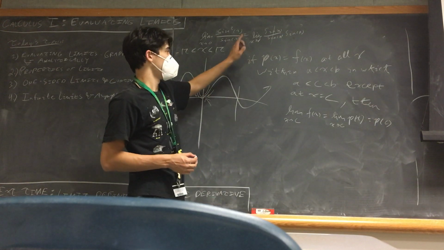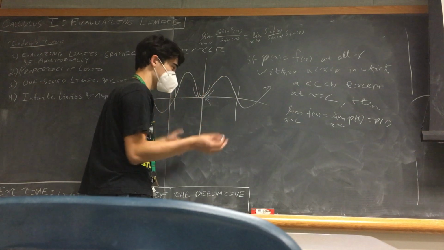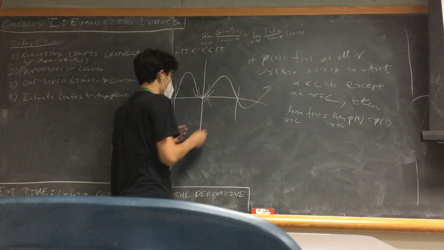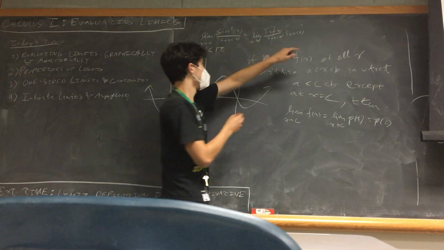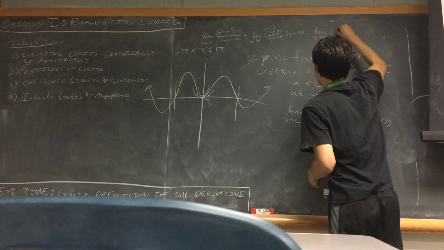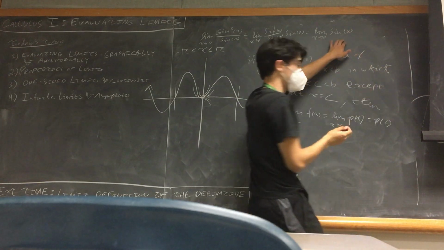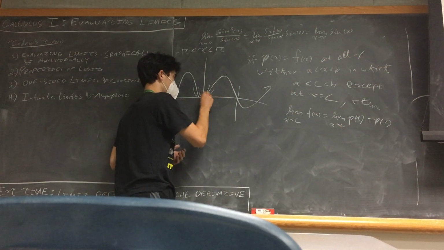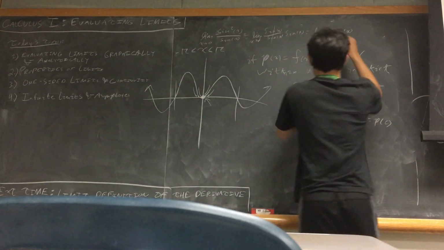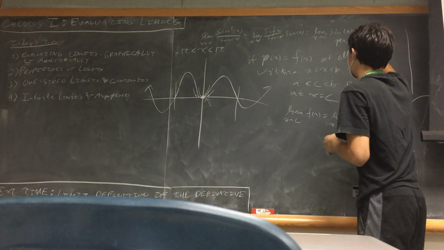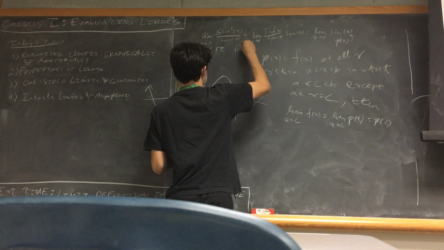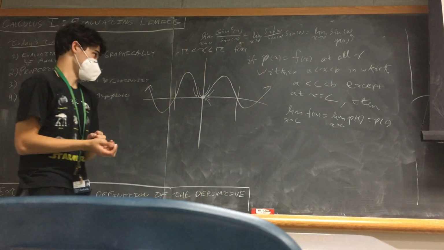And p of x is oftentimes going to be a function that is defined at x equals c. In this case, we change this here to the limit as x approaches 0 of sine of x. Sine of x is defined. Sine of 0 is 0. So this here, sine of x, is our p of x, while sine squared x over sine of x is our f of x.